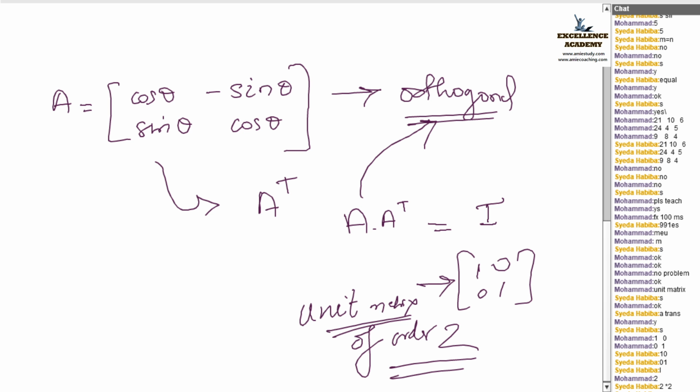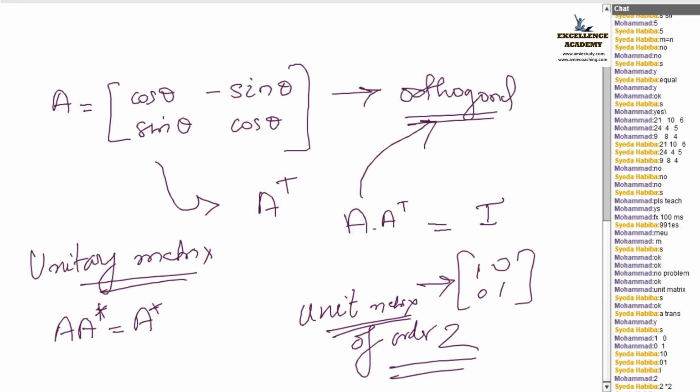Now, what is meant by a unitary matrix? A unitary matrix means A into A star is equal to A star into A is equal to I. What is A star?